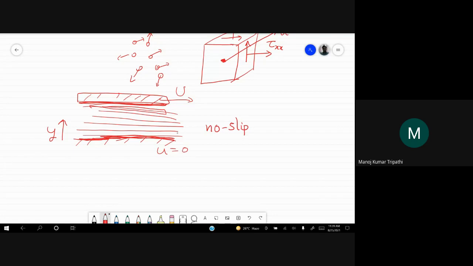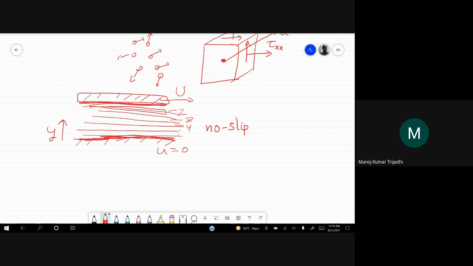So then the next layer, let's call it the second layer, although there are infinite layers you can have. The second layer will apply some force on the third layer. The third layer will apply some force on the fourth layer, and so on until it reaches the last layer. The last layer is stationary.